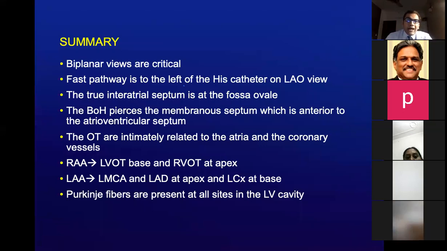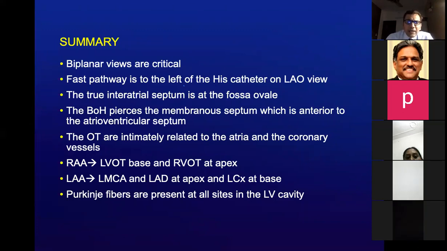The outflow tract are intimately related to the atria and the coronary vessels. The left atrial appendage points towards the left main coronary artery and the left anterior descending artery. At the base of the left atrial appendage, you get the left circumflex artery.